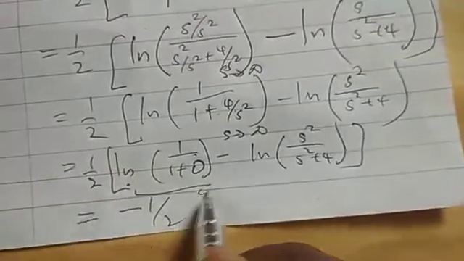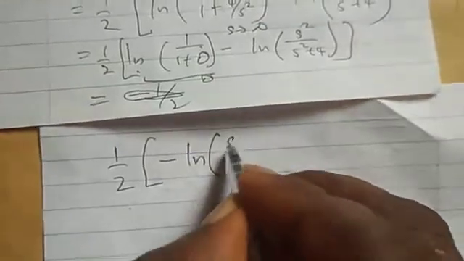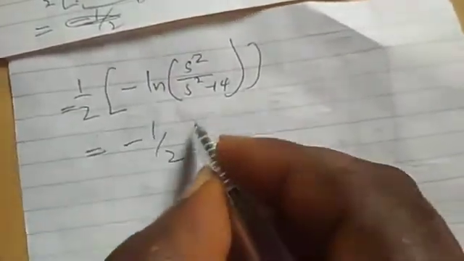So it will remain 1 here. Ln 1 or log 1 is 0. So what we have is minus, and this one is 0 already. What we have left will be half into minus ln of s squared over s squared plus 4, which is the same thing as minus half ln of s squared over s squared plus 4.